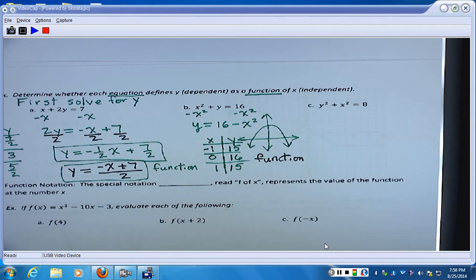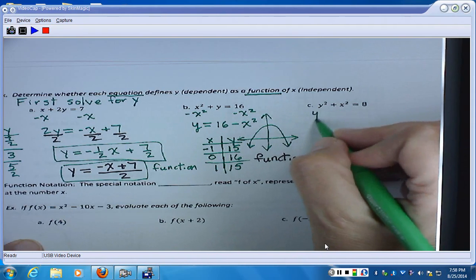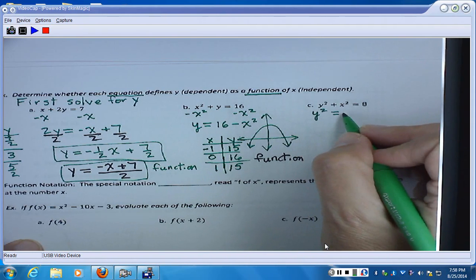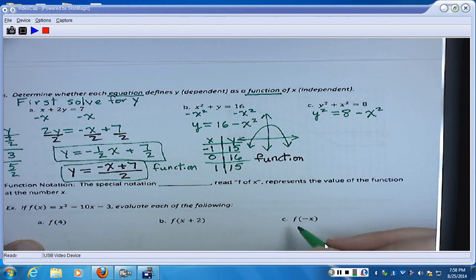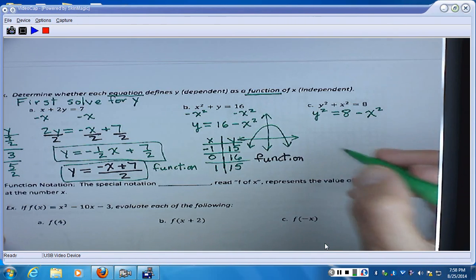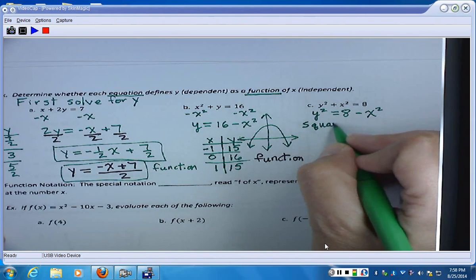Solve this for y. So, solve for the y squared. You get y squared equals 8 minus x squared. Now you have to use the square root property. This was from algebra.